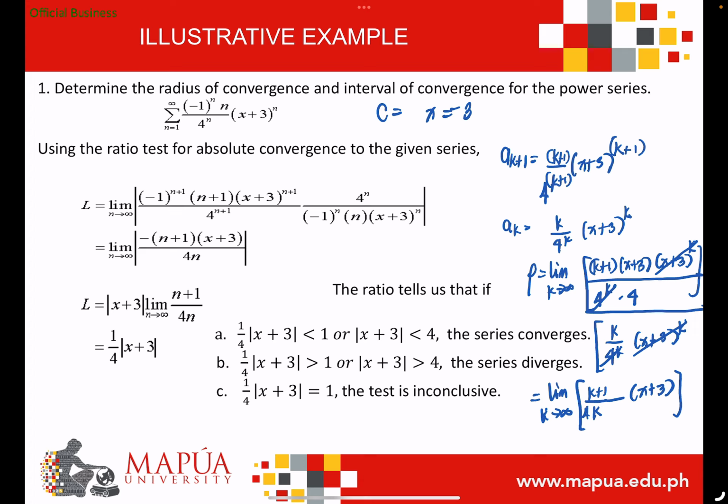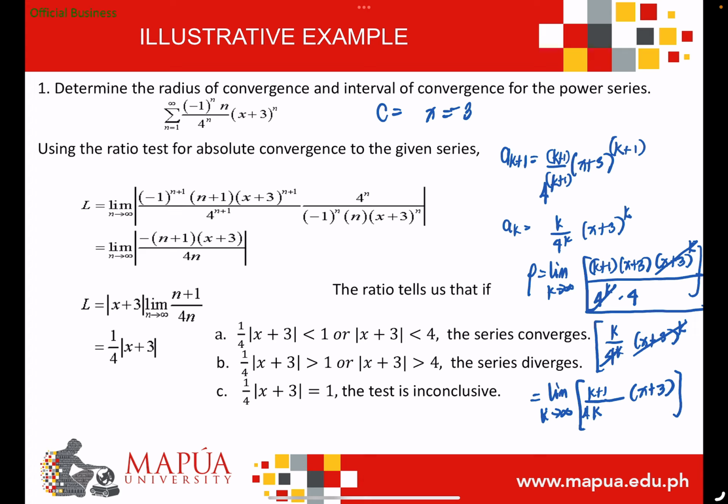Applying L'Hopital's rule, this would be 1/4. So if the absolute value of x plus 3 over 4 is less than 1, it would be convergent.